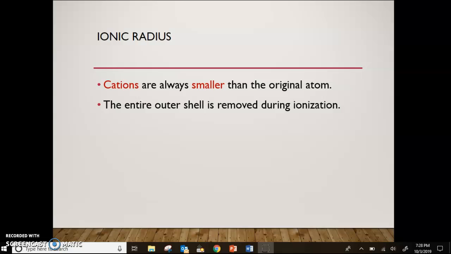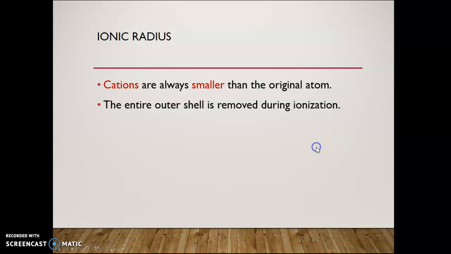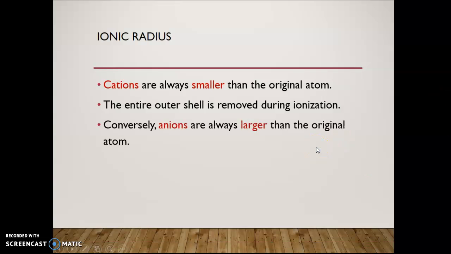Okay, cations are always smaller than the original atom, and the reason why is that when you are losing those electrons, you're actually going to work to lose that entire outer shell. So your size is now dependent upon the shell that was underneath it. When you are an anion, anions are always larger than the original atom, and that's because we're now adding electrons to that shell.